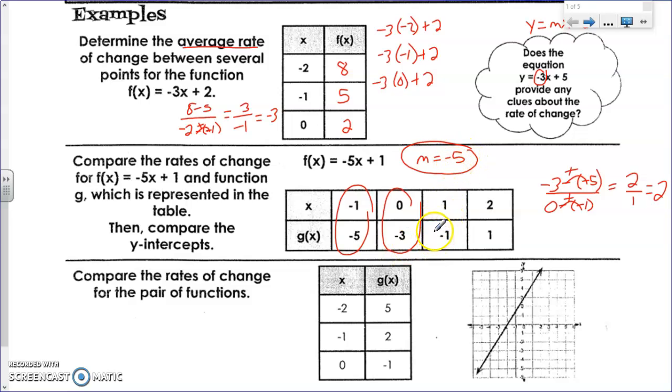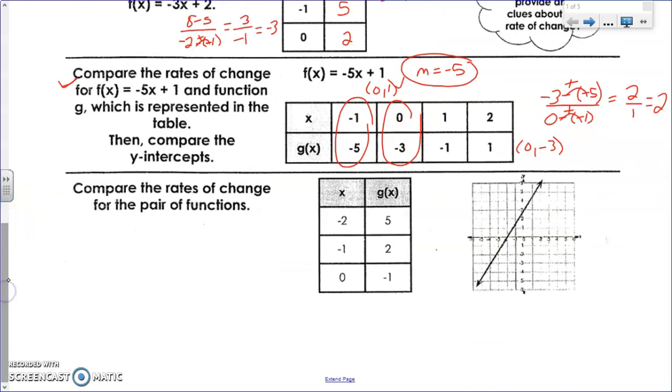Okay, now if I look at the y-intercepts, what's the y-intercept here? 1. So my y-intercept is 0, 1. My y-intercept here is 0, negative 3. So which one has the greater? Well, this one.